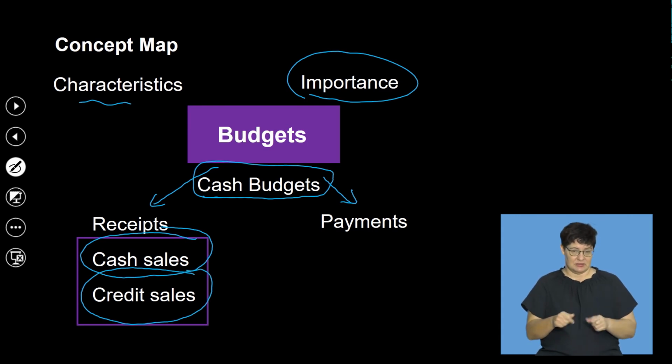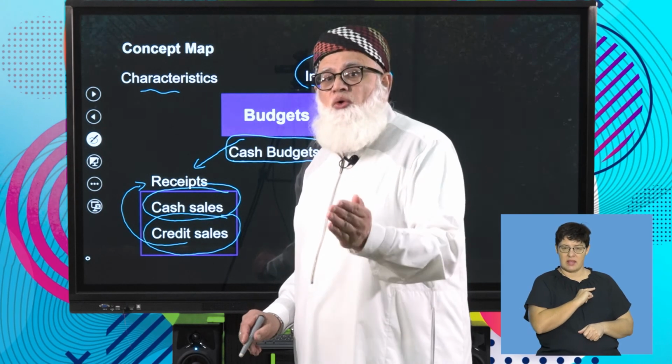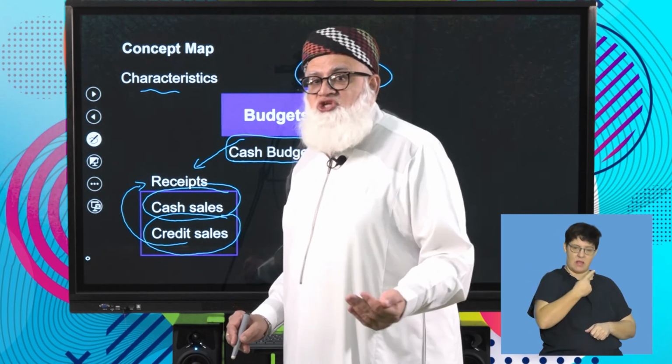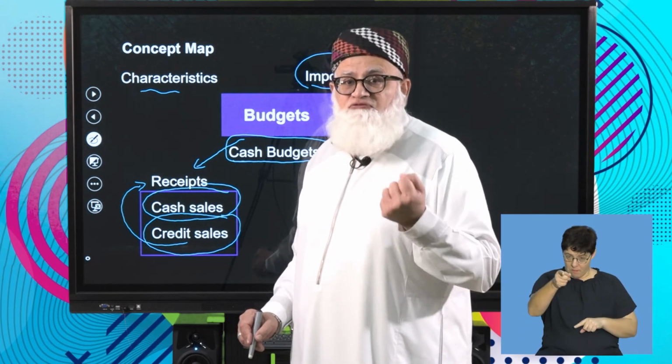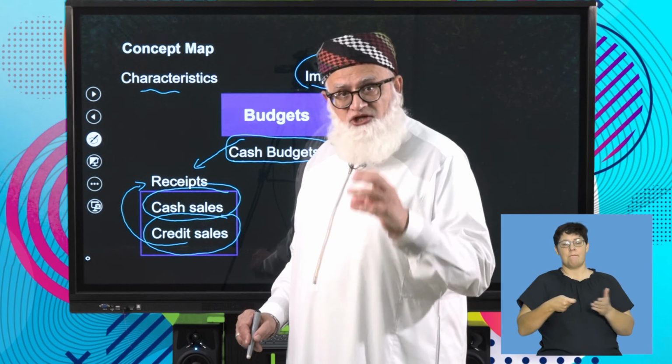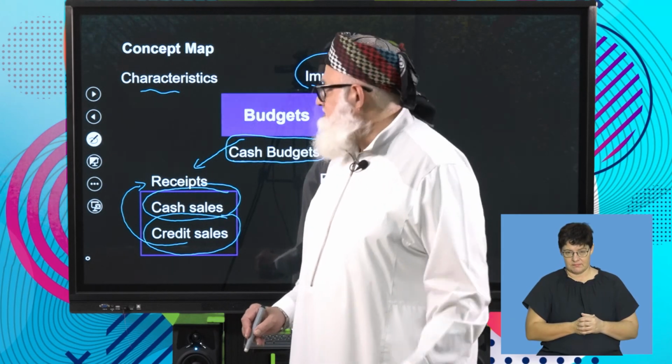Why does the credit sale impact on my receipts? Your debtors are going to pay you at some stage, so you're going to be receiving money from your debtors, which would feed into your receipts. So keep that in mind.